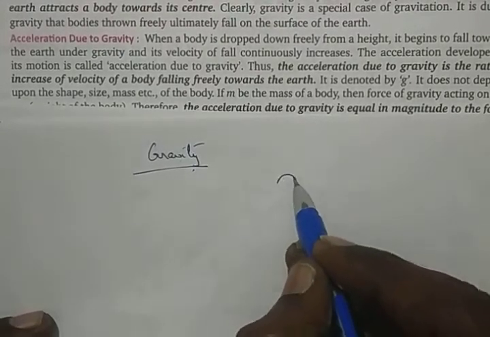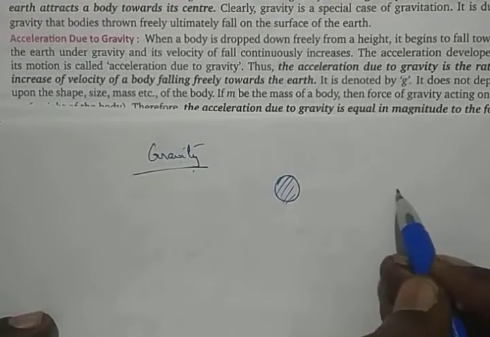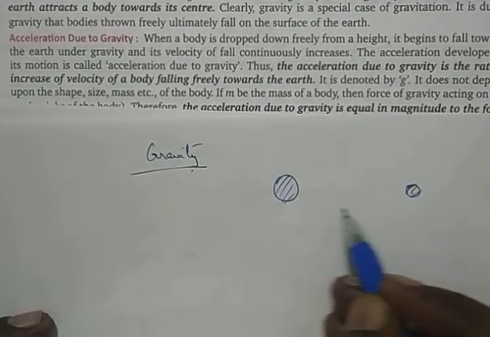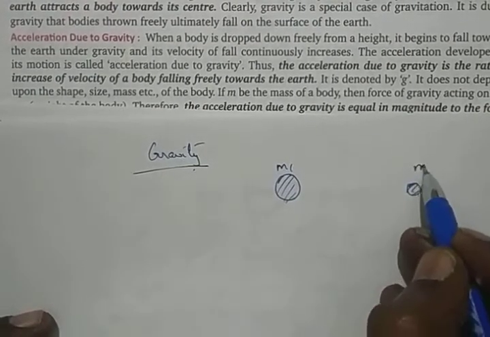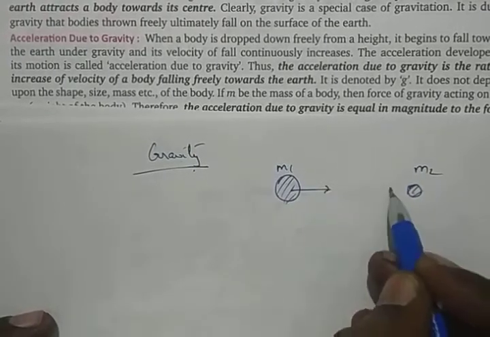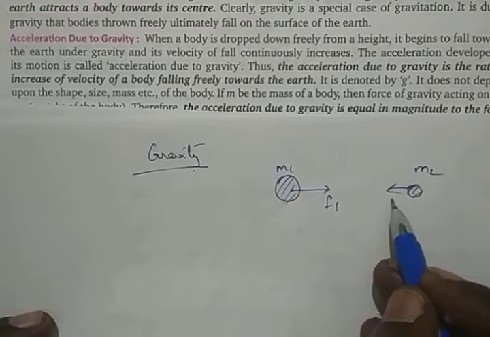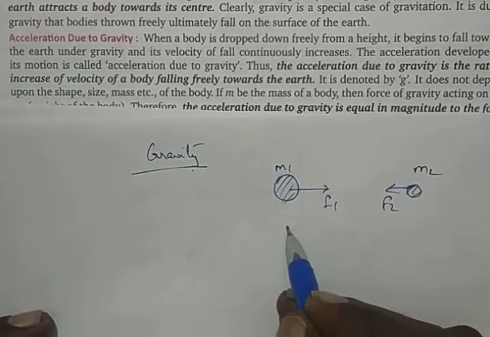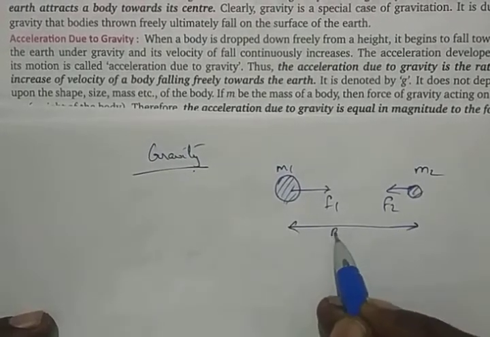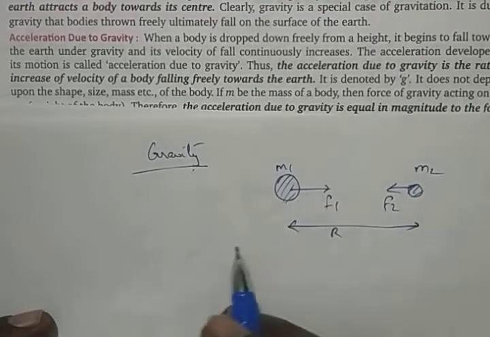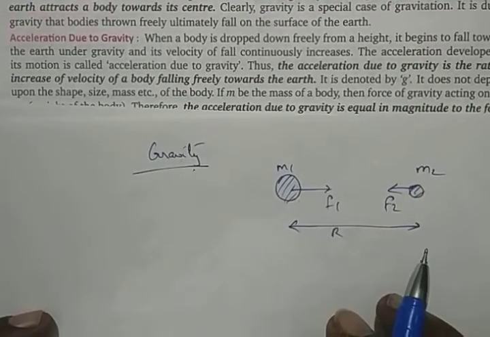Newton said, if you have one body here and another body here, M1 and M2, these two bodies will definitely have a force. This body will have a force F1, this body will have force F2, at a distance of R. So any two bodies in the entire universe will have a force.